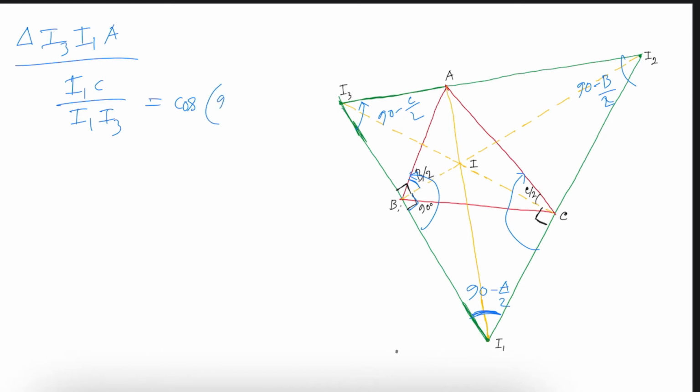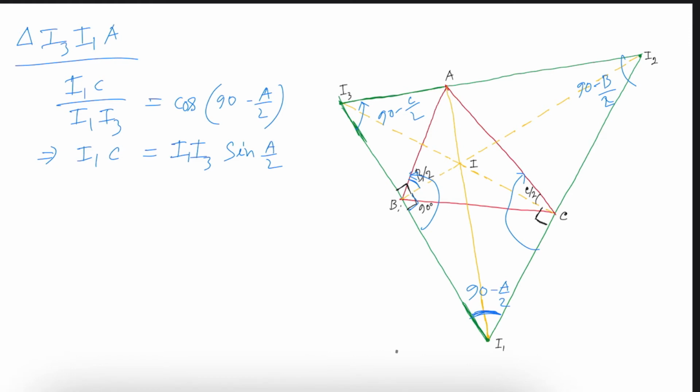Angle I1 is 90 minus A by 2, right? So from here we can write I1C is I1I3 sine A by 2, correct?